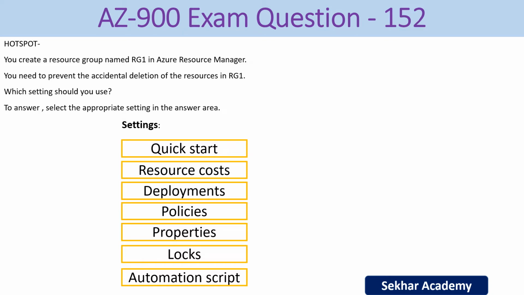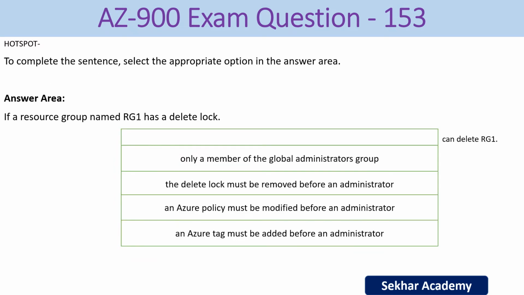So you created the resource group named RG1 in ARM, and you want to prevent accidental deletion of that resource group. To prevent that, we can implement locks to prevent any accidental deletion of the resources. The right answer is locks.